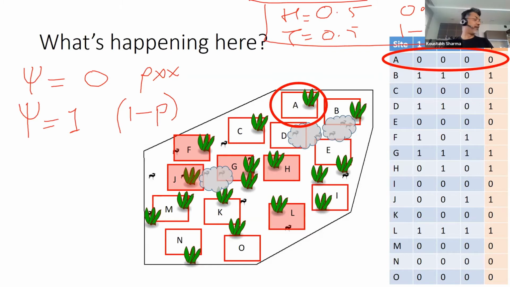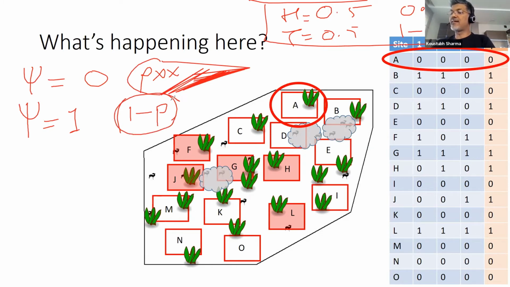So that's a simple example of what probability does. All we are saying here is that if the probability of detecting a species is P, then the probability of not detecting is 1 minus P. So in case of A, when I did the survey 3 times, each time there is a possibility that the species just wasn't there, in which case I won't see it, so I don't care about it.